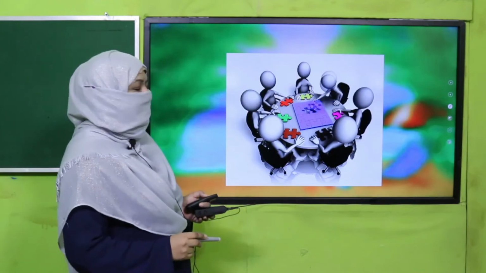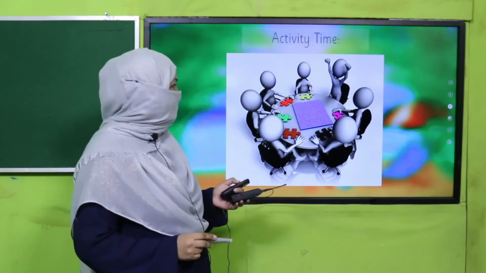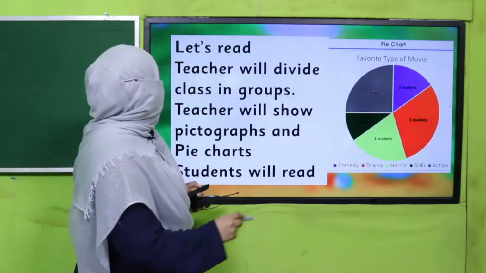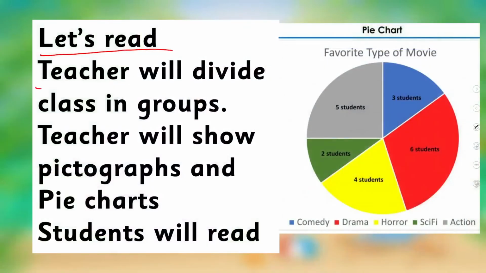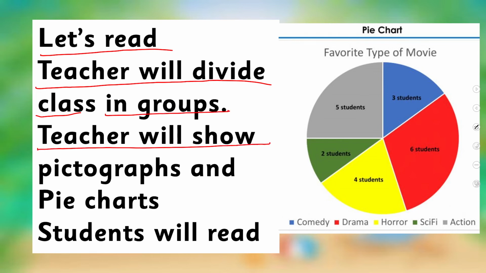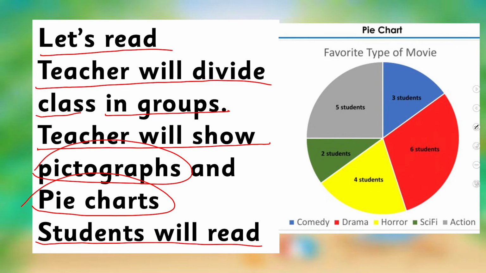All right, so let's practice it through an activity. What are we going to do? Let's read. The teacher will divide the class into groups, the teacher will show pictographs and pie charts and students will read. Teacher, I brought one example for you.